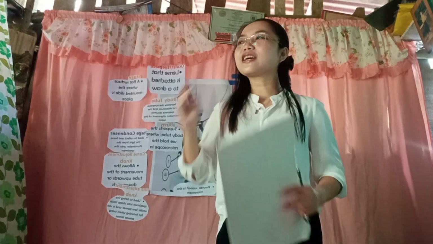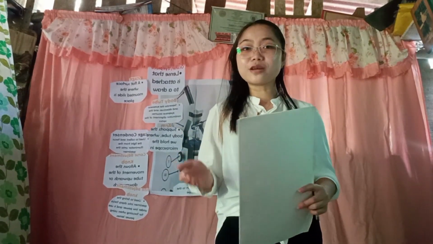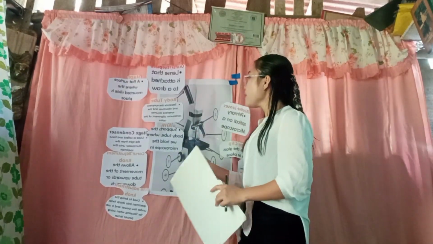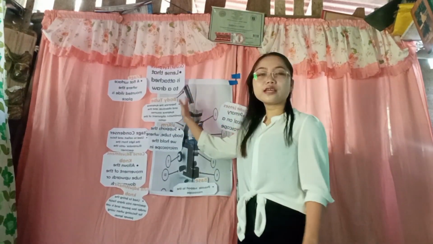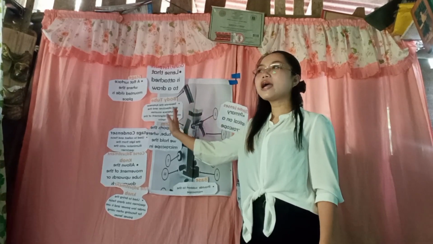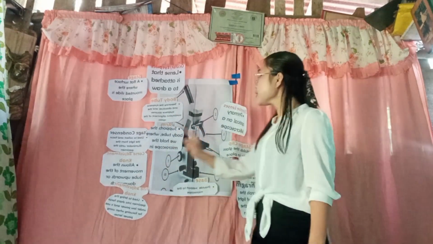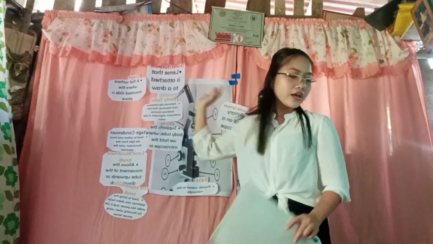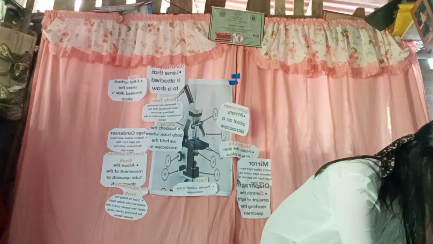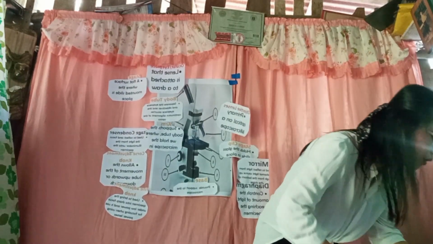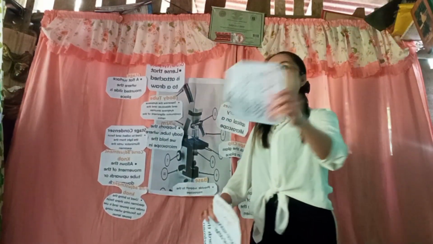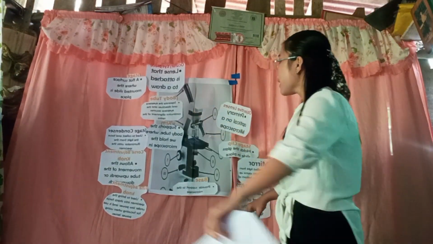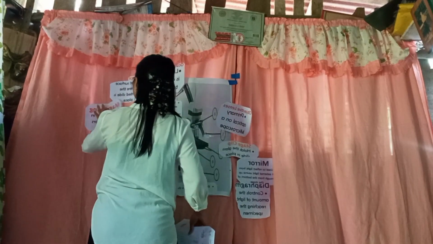Okay, good, because you have seen a microscope in our laboratory. So now we will discuss each of the parts of a microscope and their functions. Before that, so that you won't be confused, let's divide the types of parts of a microscope into three. The first is the magnifying.